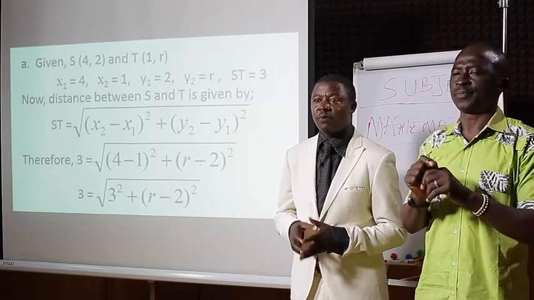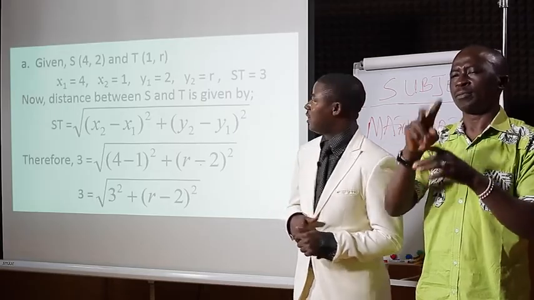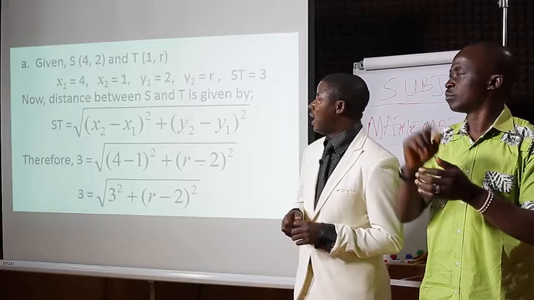The formula for the distance between 2 points in our previous lesson is given by the square root of increase in x squared plus increase in y squared. So ST equals the root of (x2 minus x1) squared plus (y2 minus y1) squared.